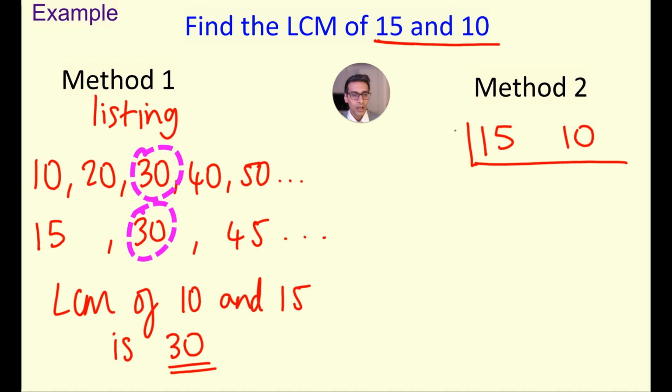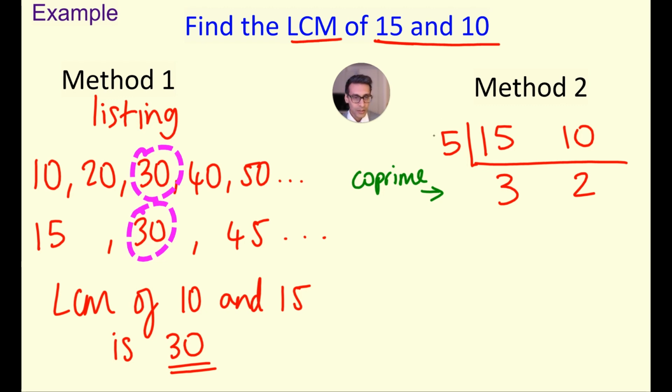So in this case, I know that 5 fits into 15 and 10. So you find a number that goes into both. 15 divided by 5 is 3. 10 divided by 5 is 2. Now, these two numbers are coprime. So we stop.